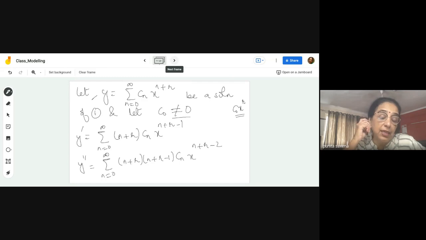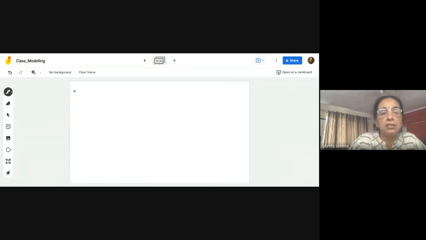In the earlier case, because of the presence of C naught, when you found y dash, the derivative of C naught is 0. Therefore your y dash always started with C1, and that is why we had the summation n from 1 to infinity. But in this case, your first term is C naught. If you want, you can write it down: your series is C0 x to the power r, plus C1 x to the power r plus 1, plus C2 x to the power r plus 2, and so on and so forth.